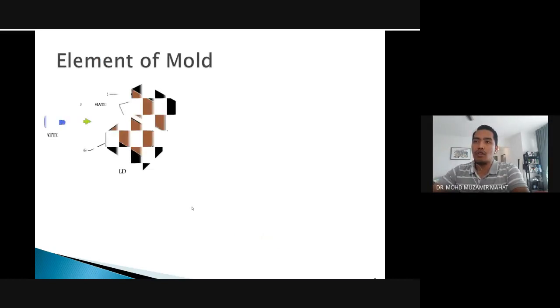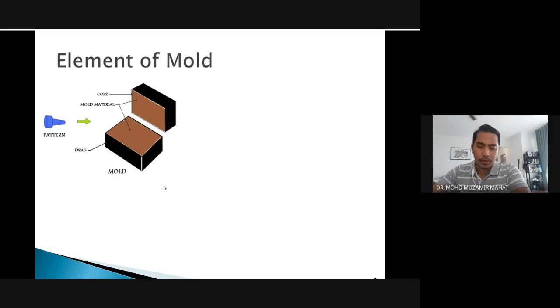What is so important to know about the elements of the mold? Because the final product we get from the casting process depends on the elements of the mold that we are using. This is the cope, and down here we have the drag.